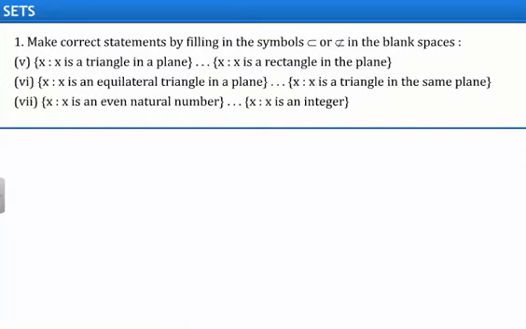In this question, you have to fill in the blank spaces with the symbols is a subset of or is not a subset of between the given pairs of sets. Let's see the solution for this question. Now, before we proceed on with the solution, let us understand what a subset is.